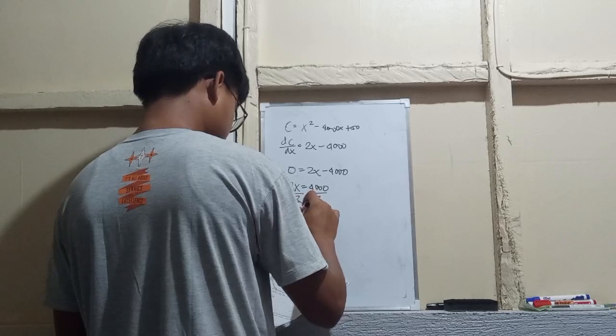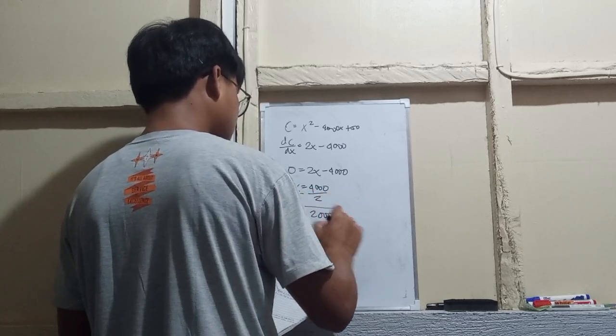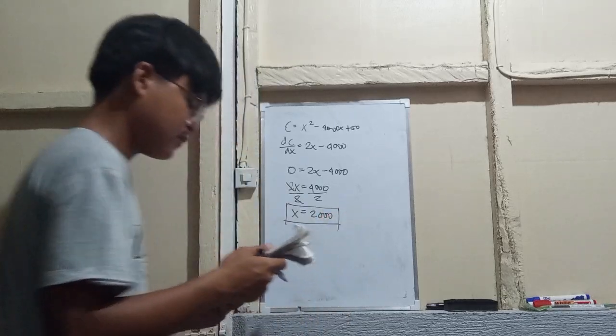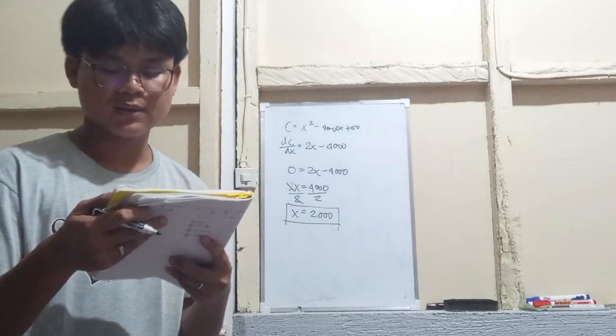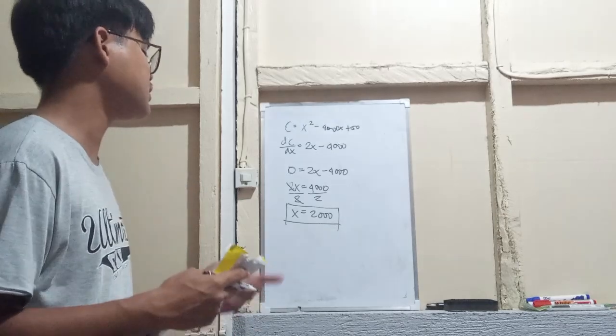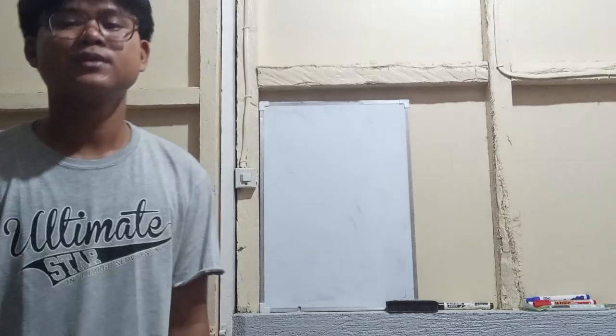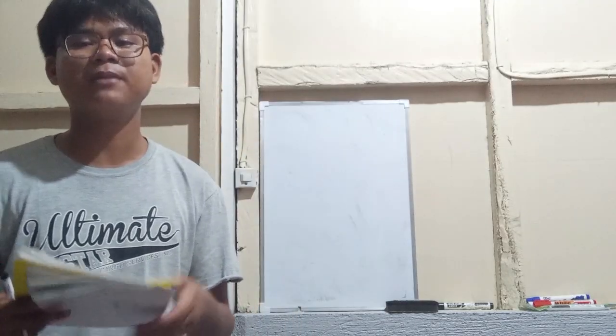Then x is equal to 2000. Now, we have the final answer for the quantity at which the cost is minimum, which is x equal to 2000. So, we'll proceed to the next problem.